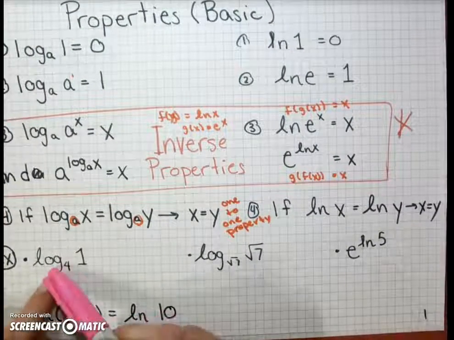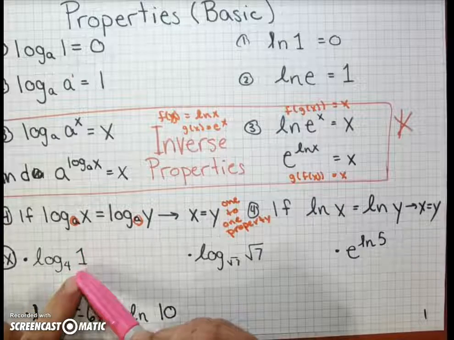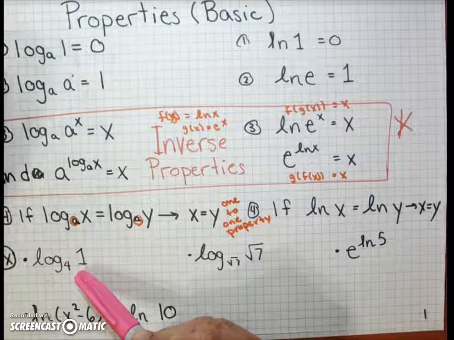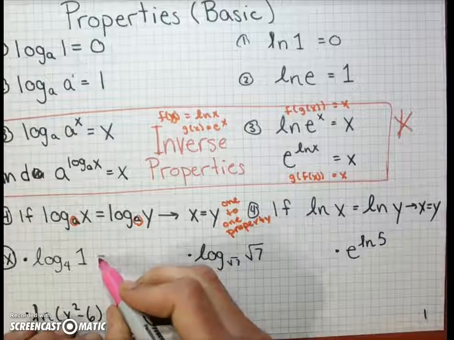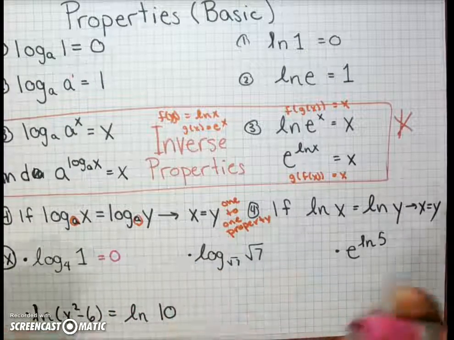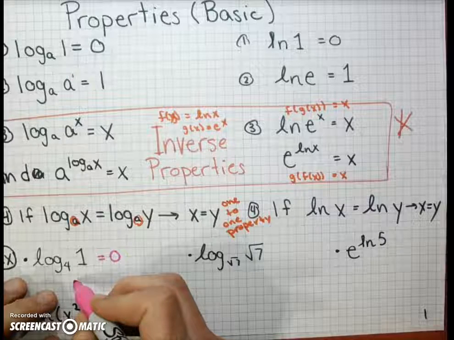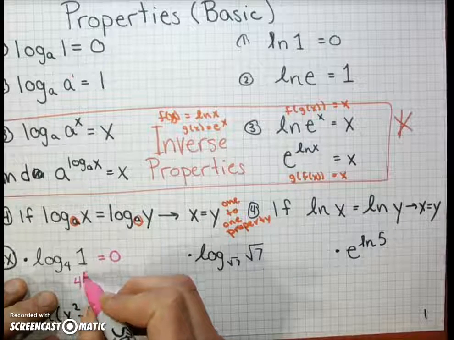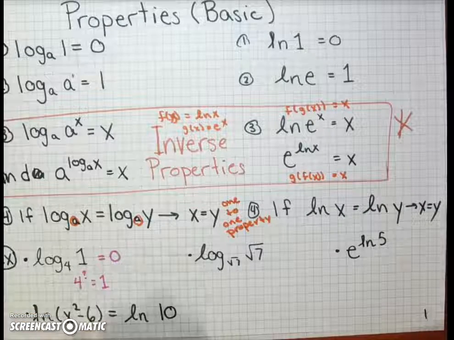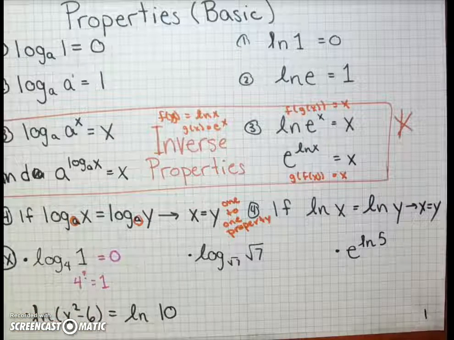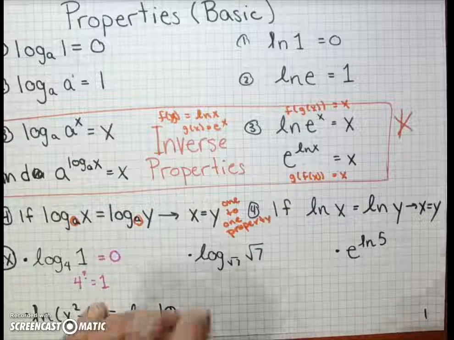So if I do log of 1 with base 4, if I apply the first property, that tells me that I should get 0. And if you think back to evaluating, what this is really asking is 4 to the what equals 1, and 4 to the 0 equals 1. So log base 4 of 1 equals 0. That's where that property comes from.